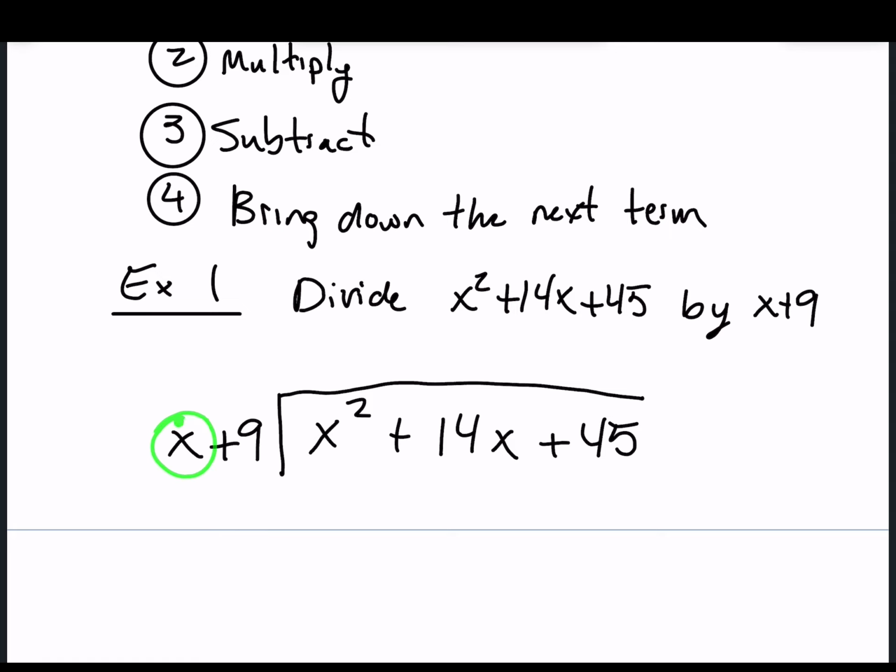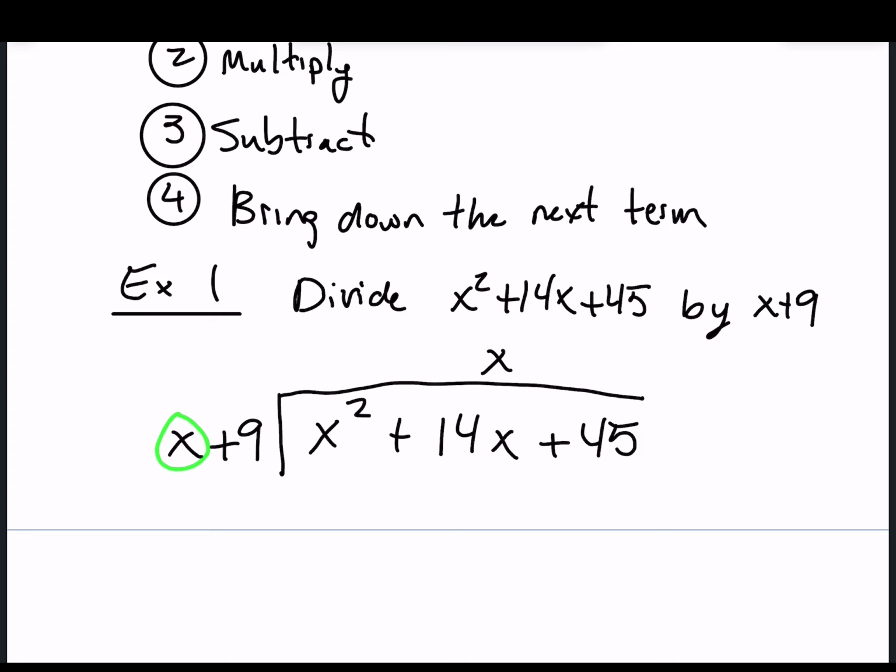And so what we do is we check to see how many times our variable will go into the first term. How many times will x go into x squared? Well, x times what is x squared? It's x.